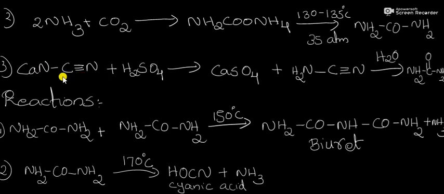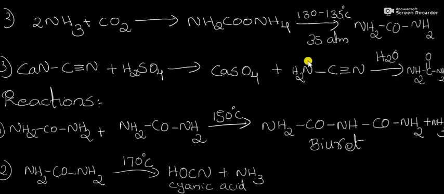This is the formula of calcium cyanamide, CaNC triple bond N, which on treating with dilute sulfuric acid will convert into calcium sulfate and cyanamide, NH2C triple bond N, which on hydrolysis we get our urea, NH2CONH2. These are the methods of preparation.